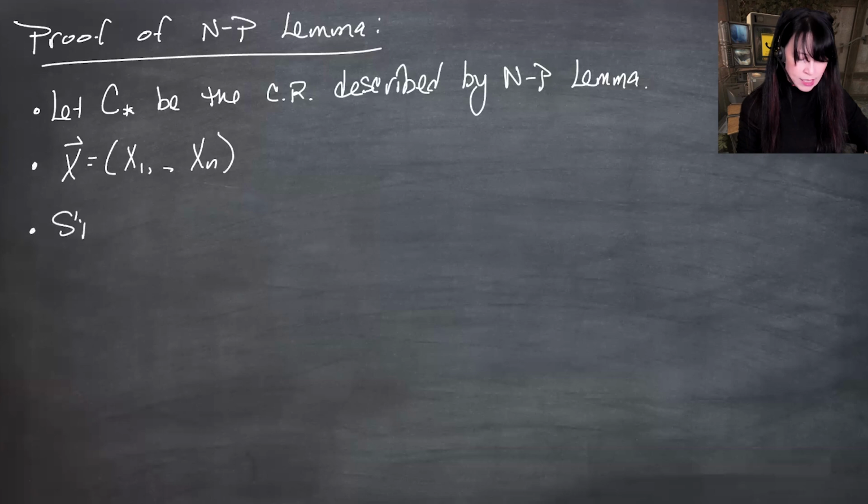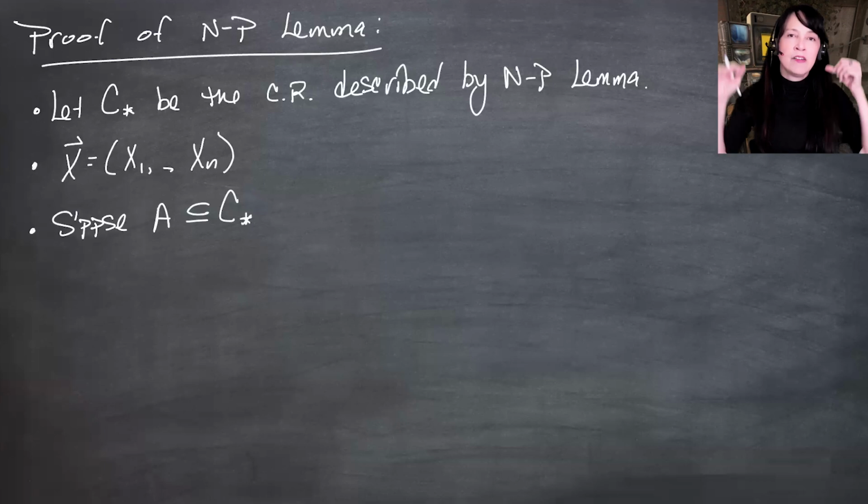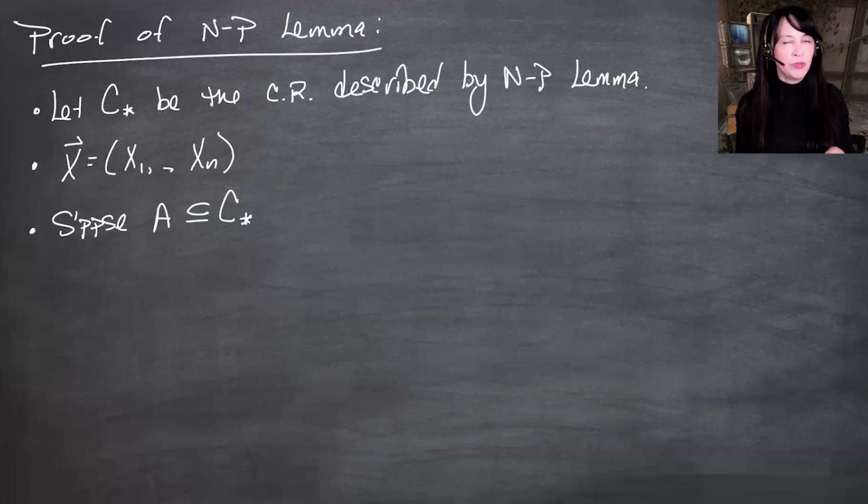And now I'm going to say, suppose that you have a set A that is a subset of C star. Now, I'm not saying that A is a rejection region or has size alpha or anything like this. It's just a subset, and I just want to characterize certain probabilities of being in certain subsets of C star.